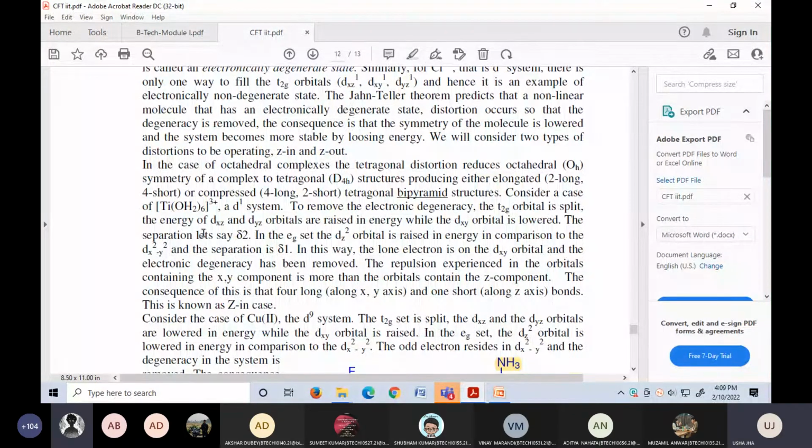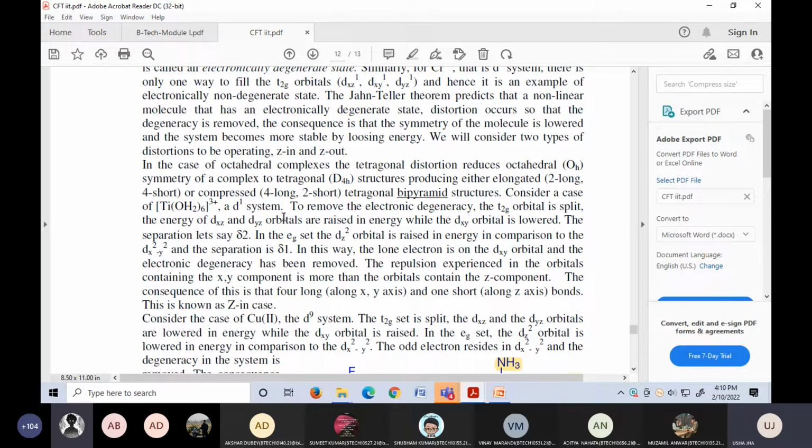So consider a case of hexaaqua titanium complex, which has a D1 system. To remove the electronic degeneracy, the T2g orbital is split, the energies of dxz and dyz orbitals are raised, while the dxy, if the electron is residing in the dxy orbital, becomes lowered in energy because along the xy plane the ligands are going to push out.